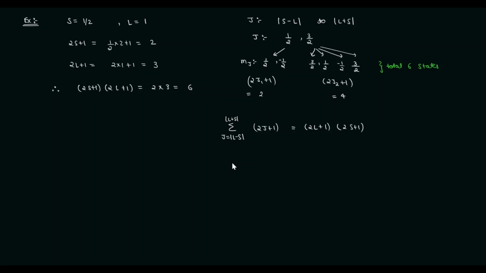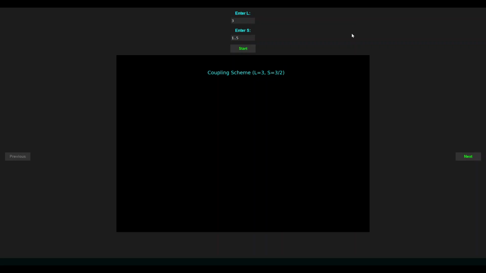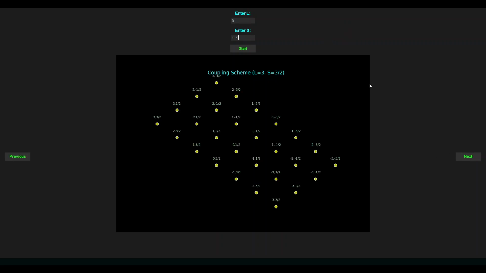Now let's see how we can represent this in the graphical method. Let's see the coupling scheme for L equal to 3 and S equal to 3 by 2. For that you need to make a rectangular grid of mL versus mS values. So here you can see in this particular column the value of mL is 3, and in this it is 2, then 1, 0, minus 1, minus 2 and minus 3.